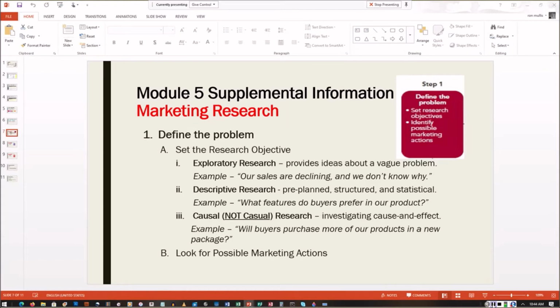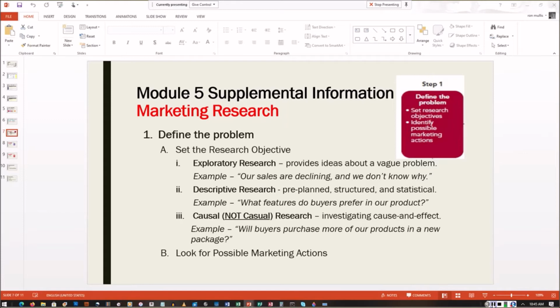The next type of research objective is descriptive research, and that's conducted to determine the frequency of a relationship between two factors. You can conduct this to better understand and define different opinions, attitudes, or behaviors on certain subjects.